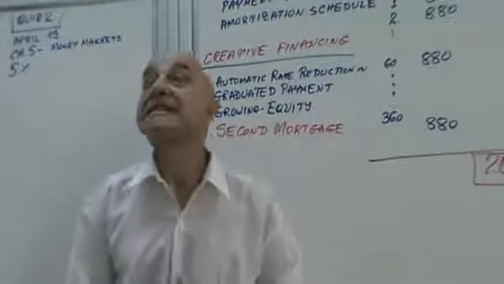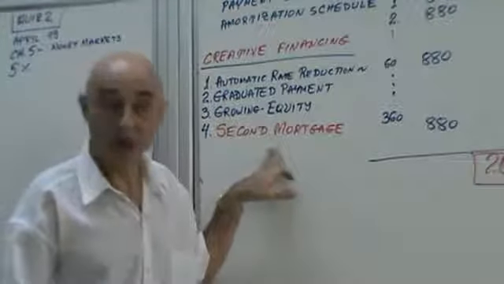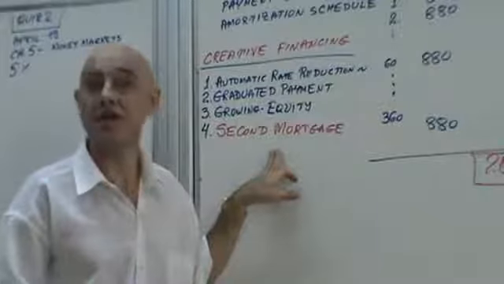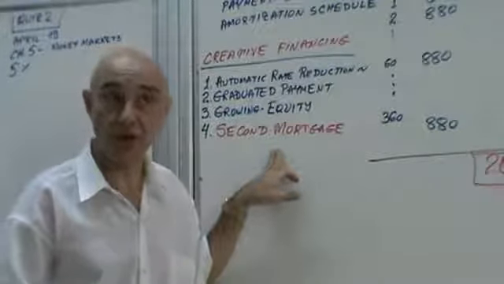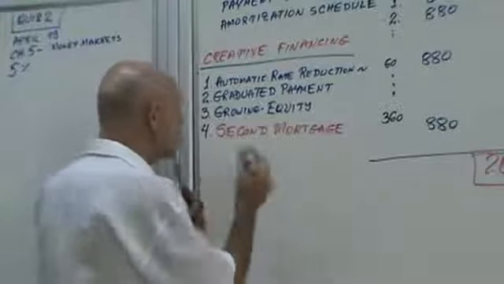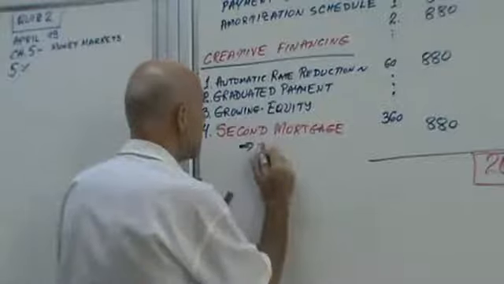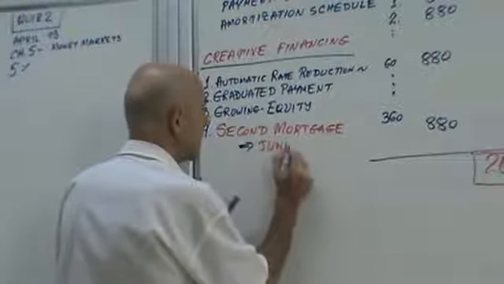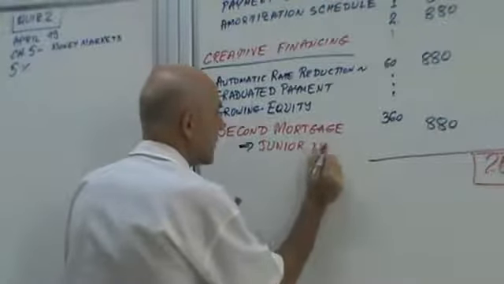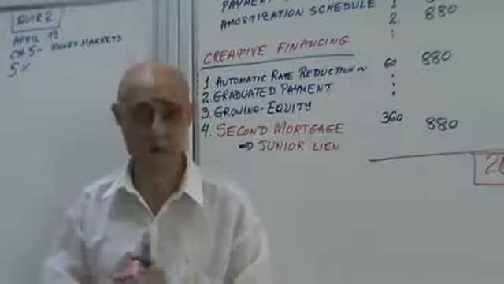is a second loan on the same property, or secured with the same property, which has what we now say is a junior lien. From last time, to remind, a lien is a claim.